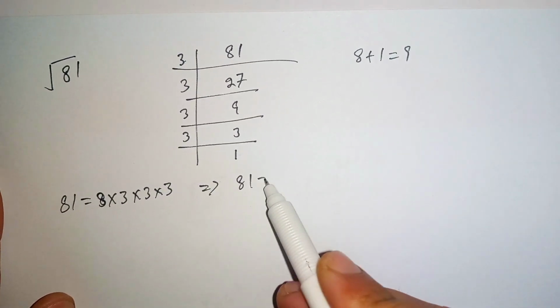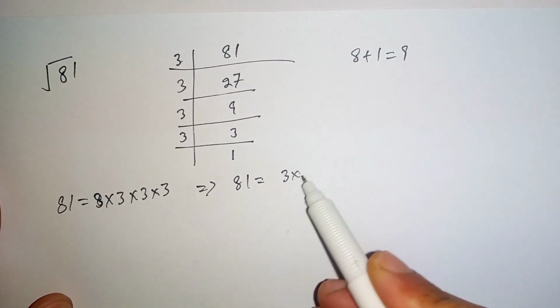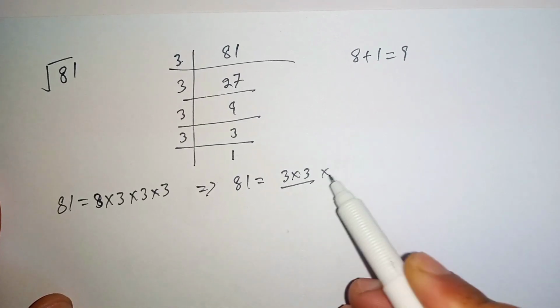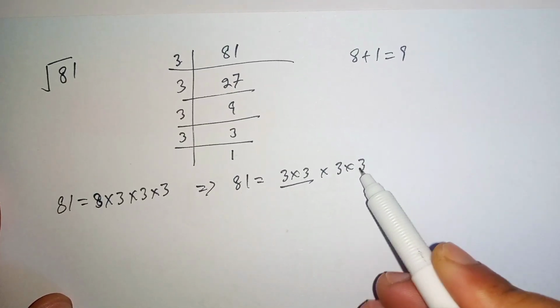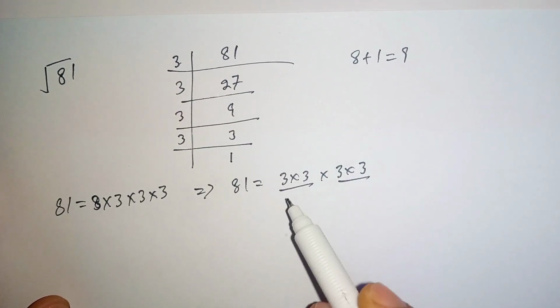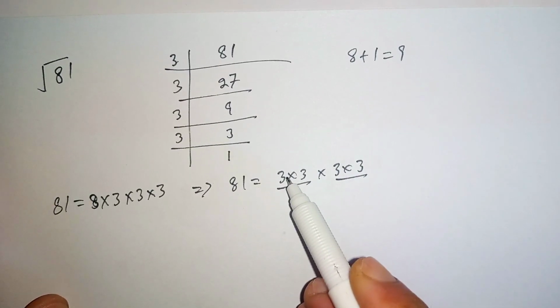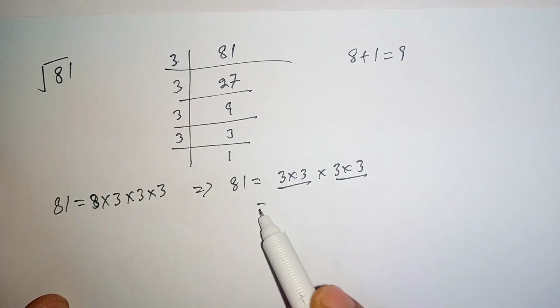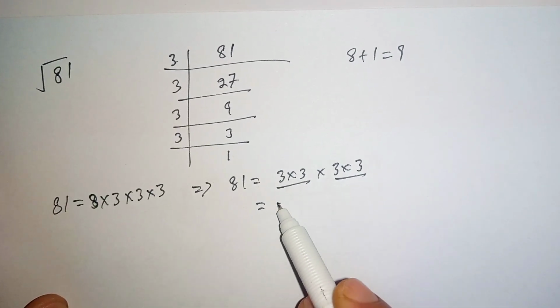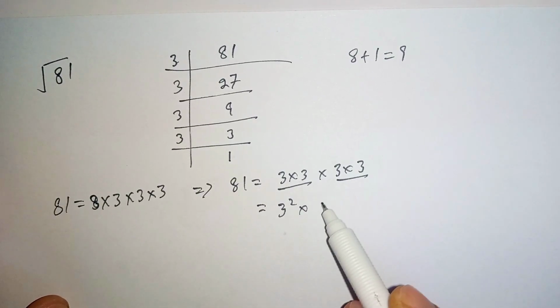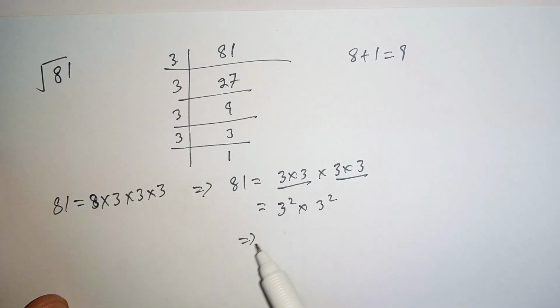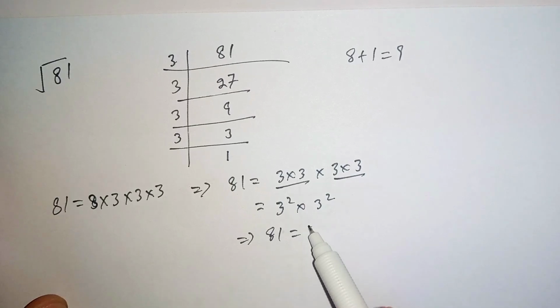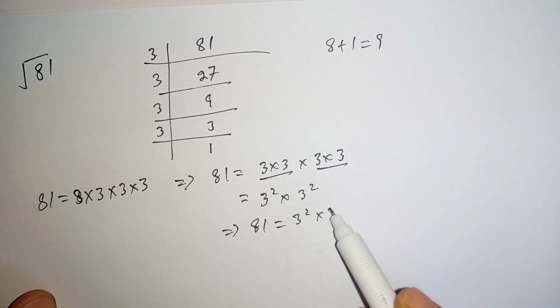So 81 is equal to 3 times 3 as one pair multiplied by 3 times 3 as another pair, right? So we can write each pair as a square. So 81 is equal to 3 square multiplied by 3 square.